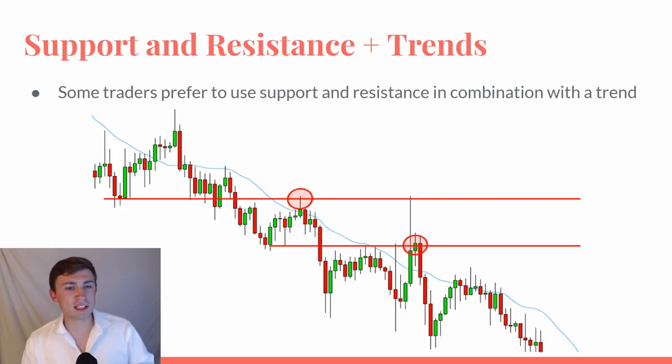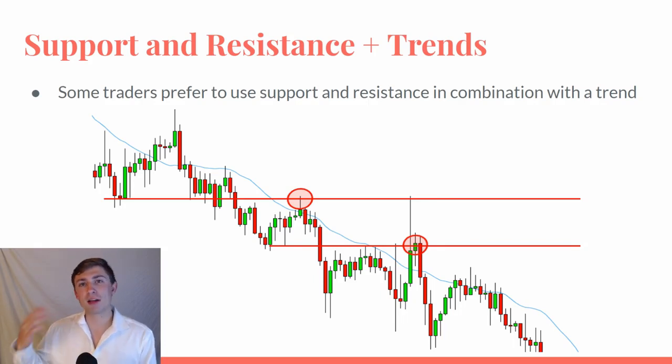So one way that's very common is for traders to use support and resistance in combination with a trend. Most of our demonstrations or examples already have been in a horizontal or sideways market, but there is the potential to use support and resistance in the context of trends. Some traders specifically like to use support and resistance in confluence with a trend.